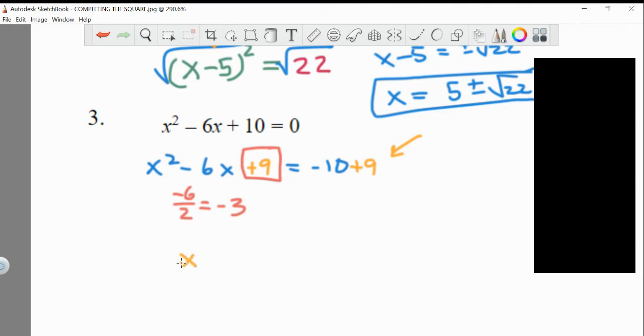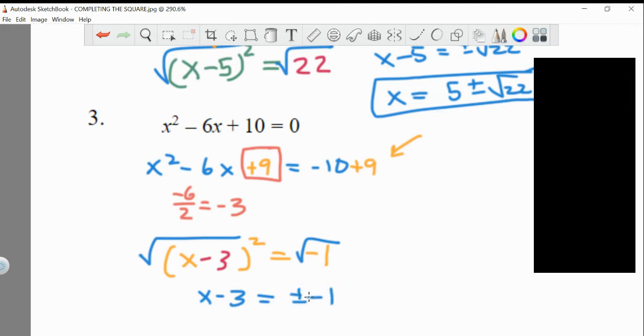Now, we're going to have x equals -1. And then, Sienna, what goes in this little spot with the x here? Yeah, -3. So it's really not too bad. Perfect job. Now we're just going to go ahead and finish the question. Square root both sides. We're going to get x minus 3 equals plus or minus the square root of -1.